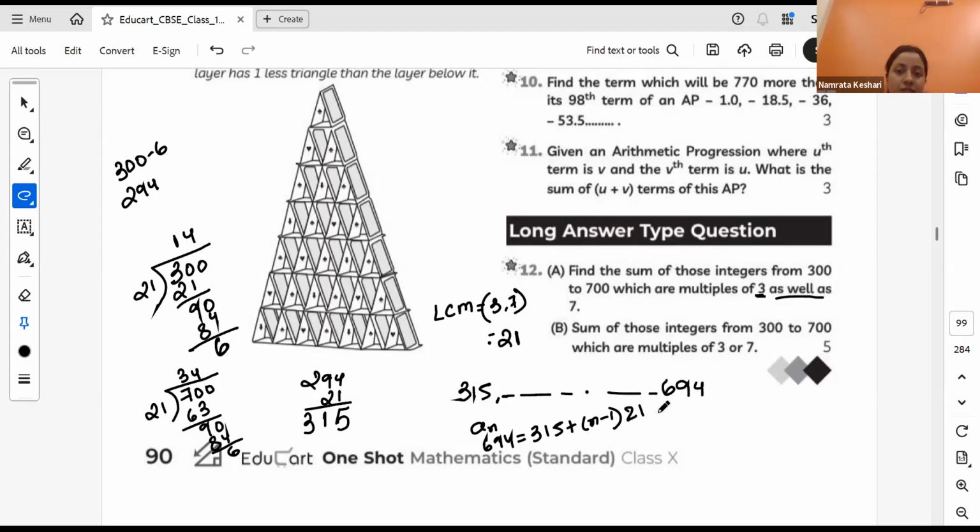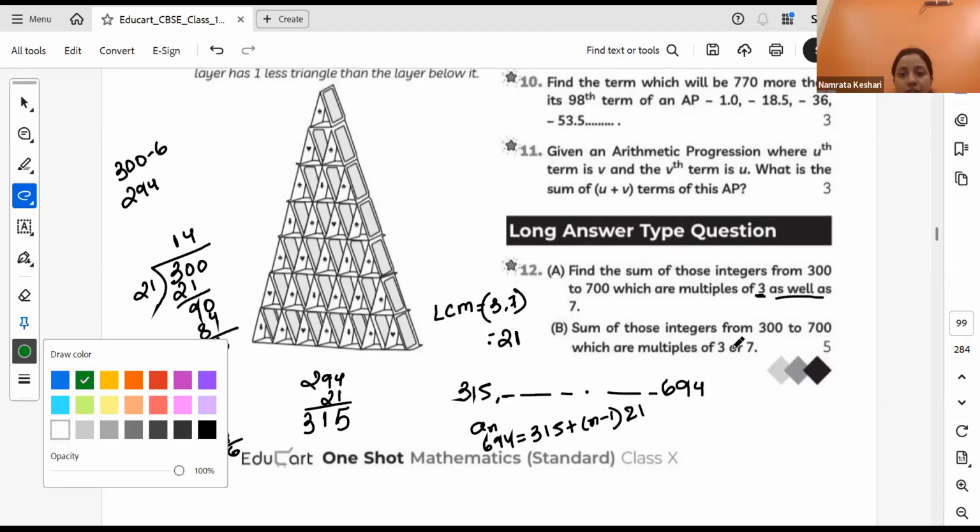Is it the same? No, ma'am. It's not the same. Part B is not the same.